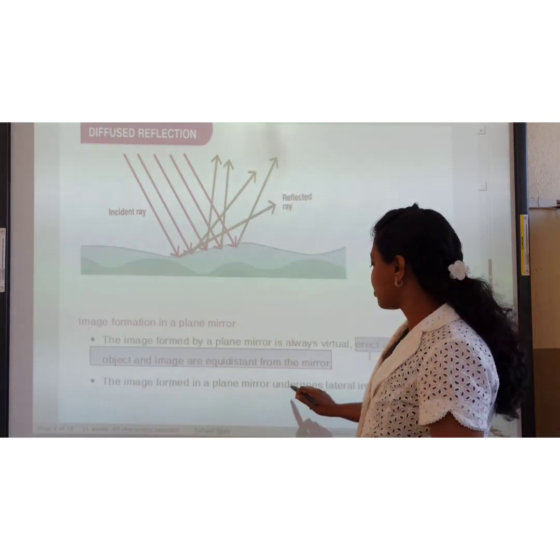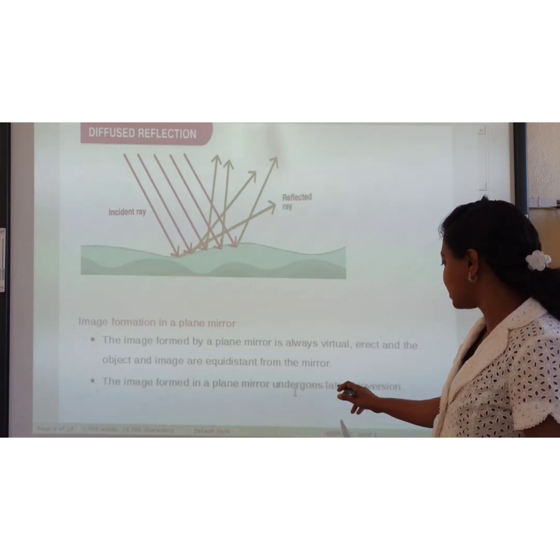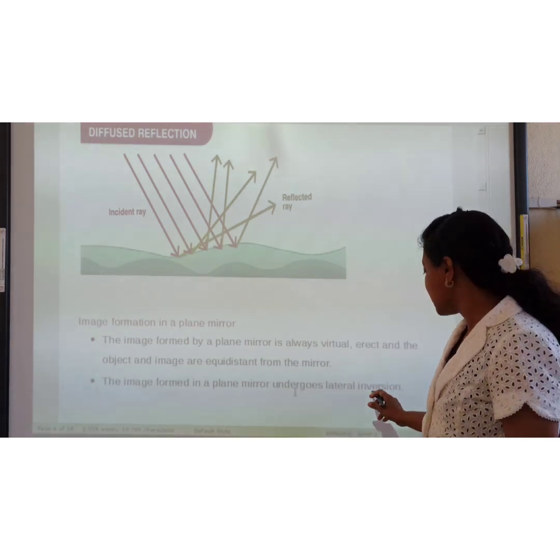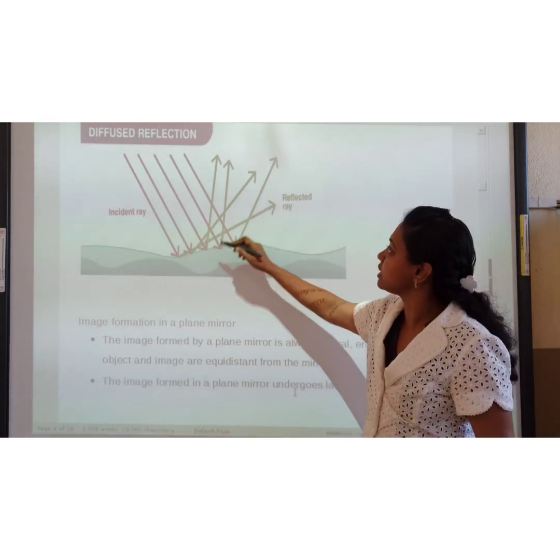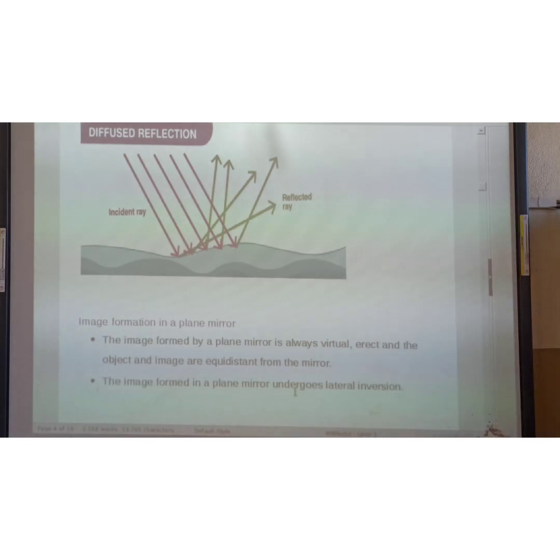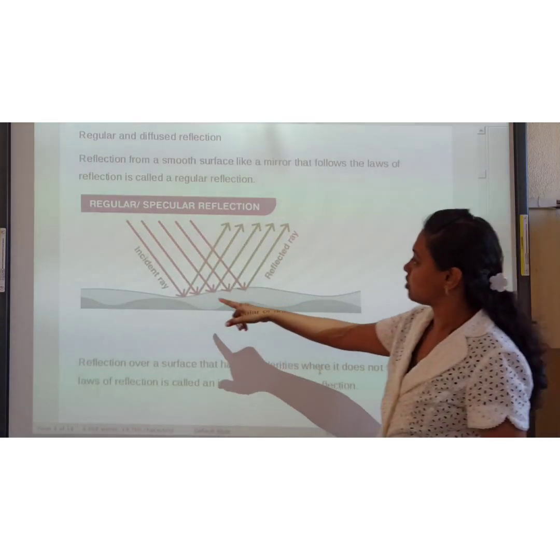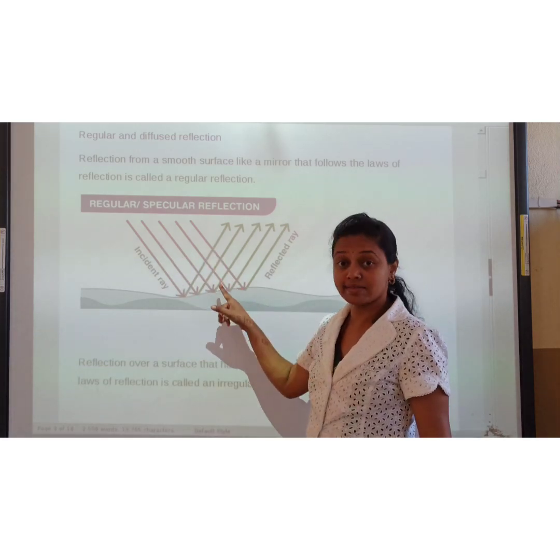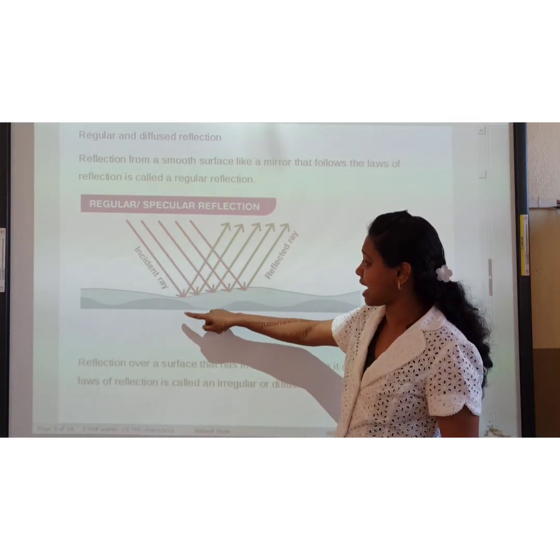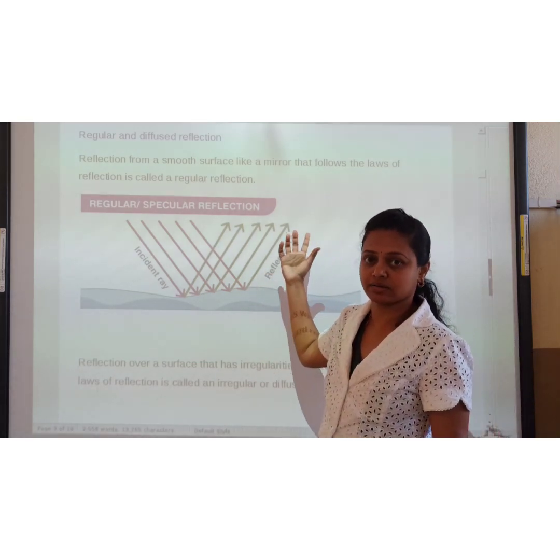Okay. Now the second point: the image formed in a plane mirror undergoes lateral inversion. Exactly what it shows in the last picture, how I have shown you in the plane mirror. Look at this. The incident rays come in, and the reflected rays are bouncing back.